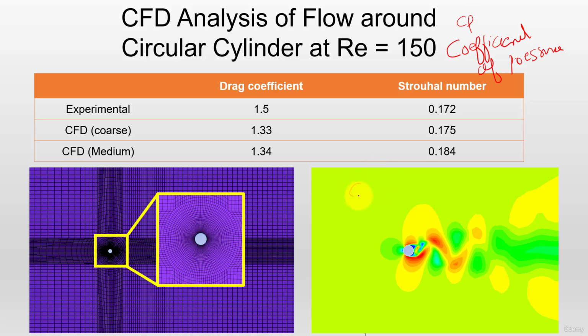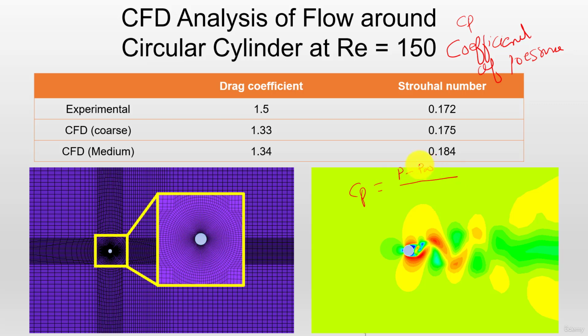And for these types of cases, the Cp is defined as follows. If you go for turbines, like low pressure turbines, the Cp is defined with the help of total pressure. But for most aerodynamic applications, like external aerodynamics, the Cp is defined by the static pressure.